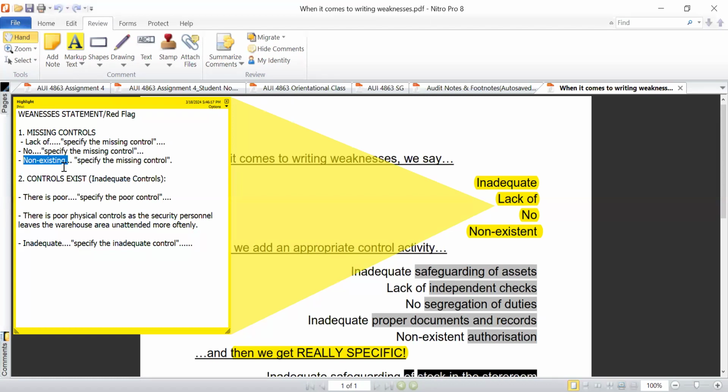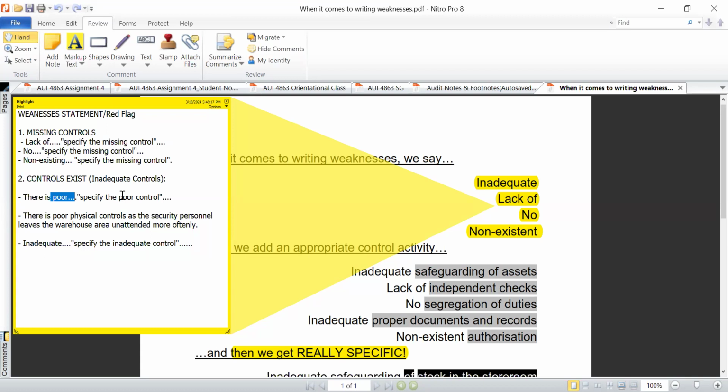In the context where it's an evaluation of existing controls which are not achieving the task, here's how they want you to frame it. They want you to indicate that the control in place is poor. So you can say there's poor authorization, there's poor rotation of duty, there's poor document design, for example.